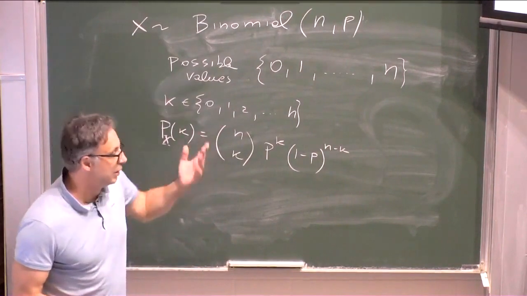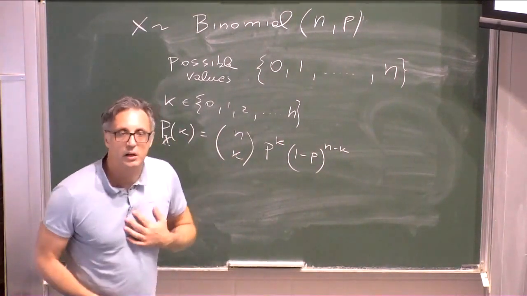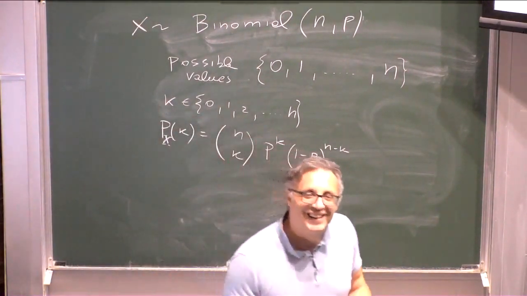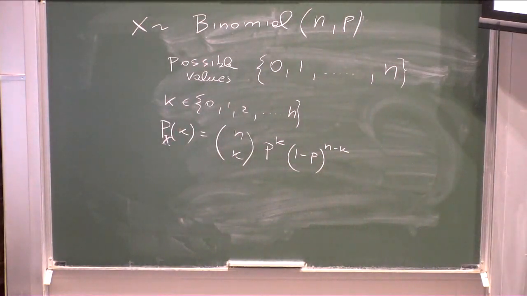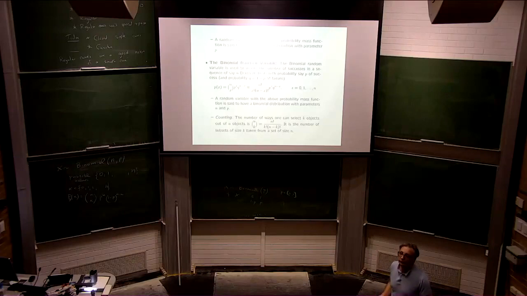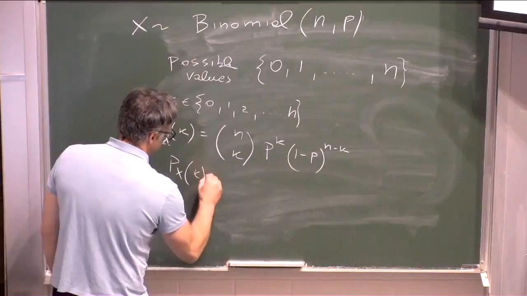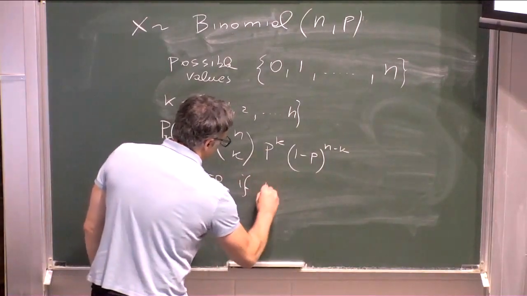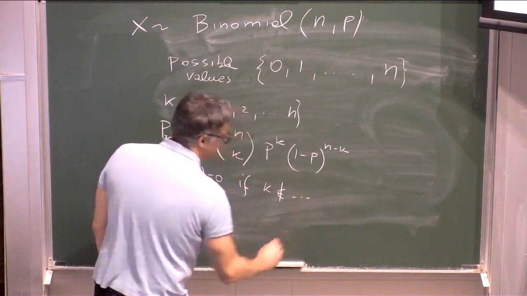Of course, you can use x instead of k, but I don't really like x here, because I use x in the continuous time. Is this clear? I should be even a bit more precise: p of x, k is equal to 0 if k does not belong to the set.